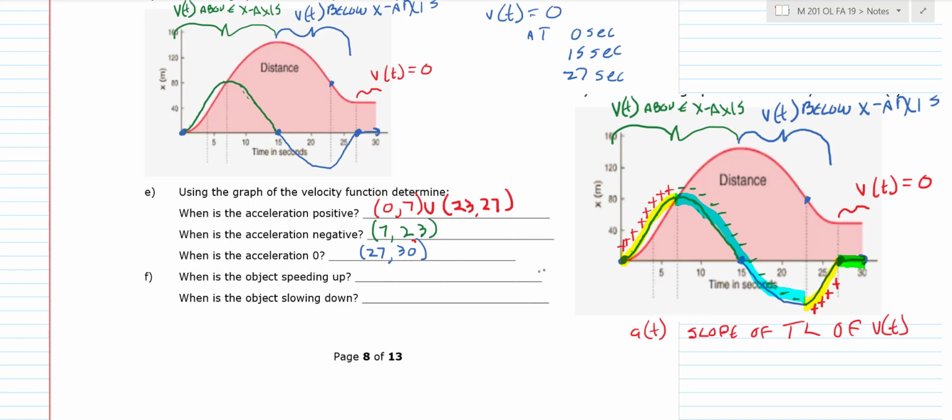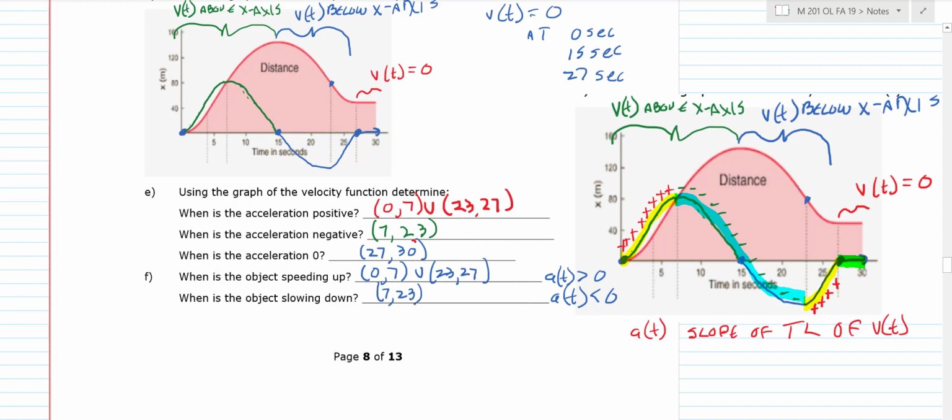Okay, so when are we speeding up? That would be when the acceleration's positive. We already answered that: 0 to 7 seconds, and then from 23 to 27 seconds we're speeding up. When is the object slowing down? That would be when the acceleration's negative, so that would have been from 7 to 23.